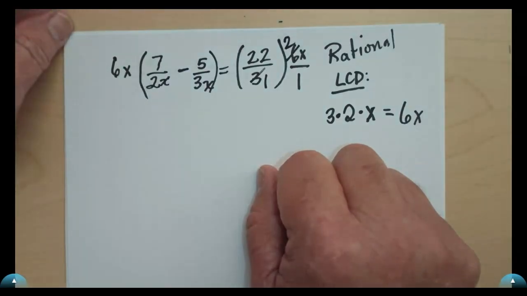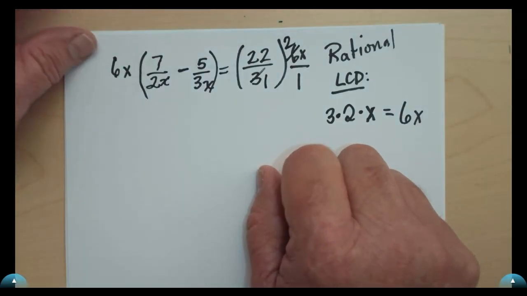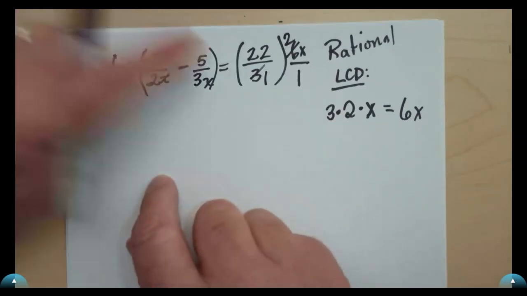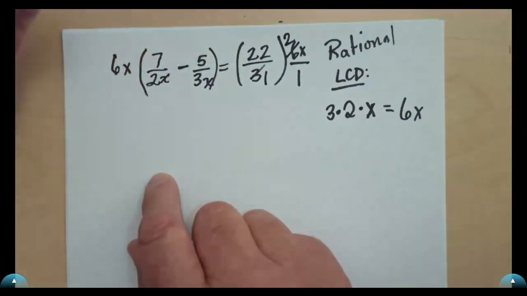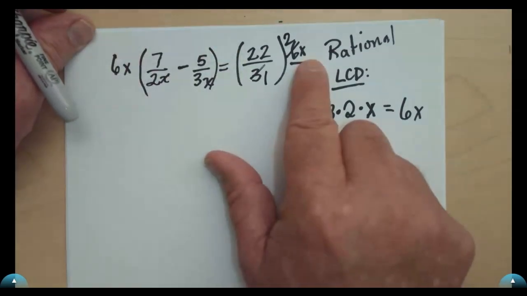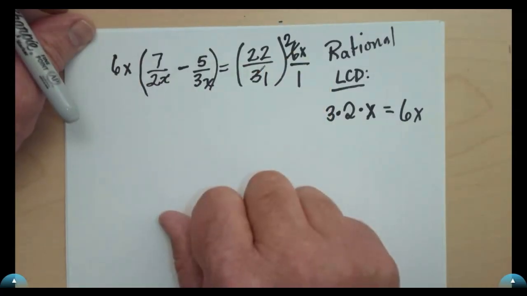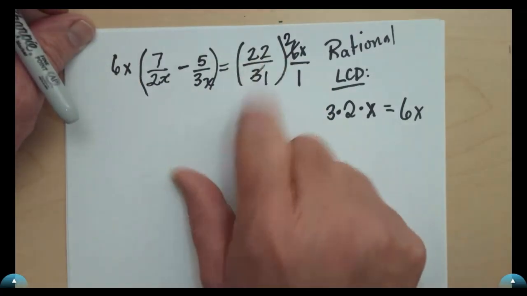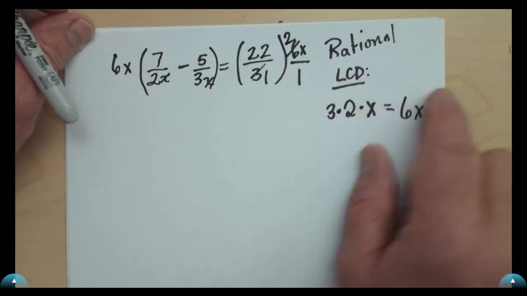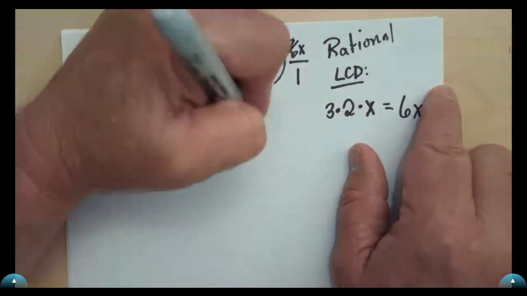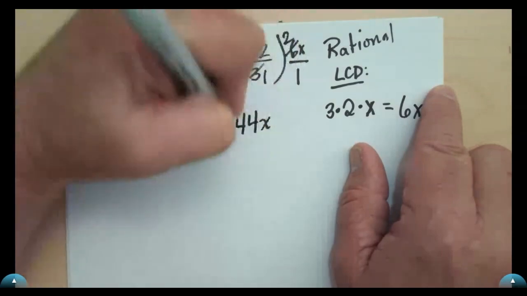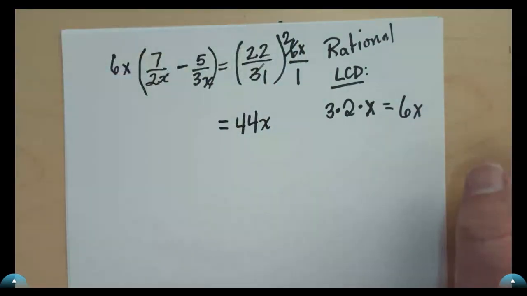Everybody see that? And so that 2x over 1 is just 2x, and 22 over 1 is just 22. So all I'm left with there is 2x times 22. And 22 times 2 is 44. 44 times x is just 44x. So everybody see that that's now what we have on the right-hand side.